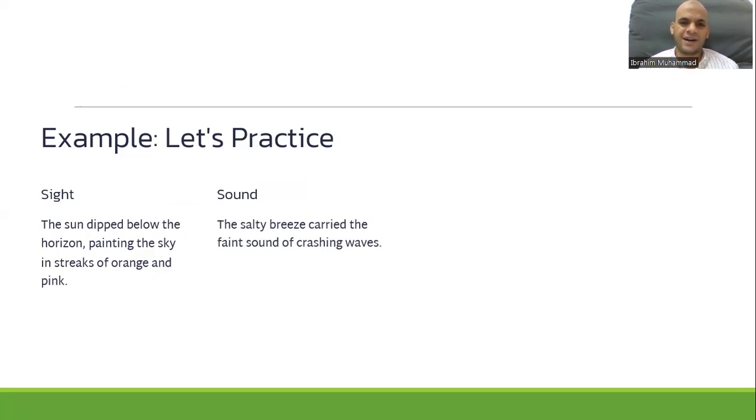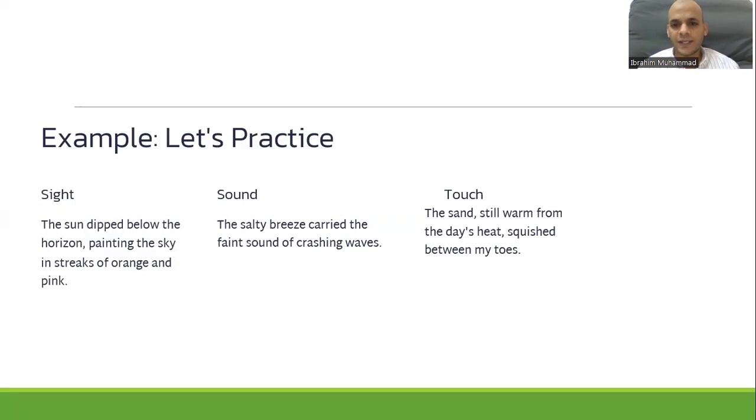Using your touch, for example, the sand still warm from the day's heat, squished between my toes. Let's say the taste. I could taste the tang of sea salt on my lips.